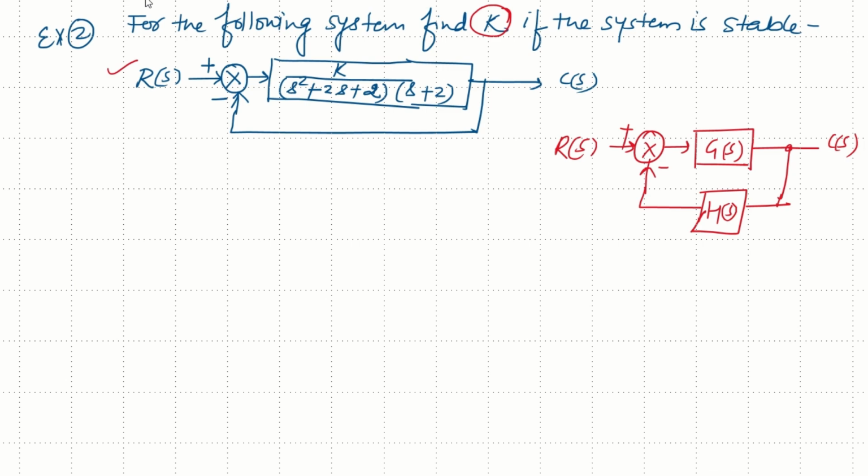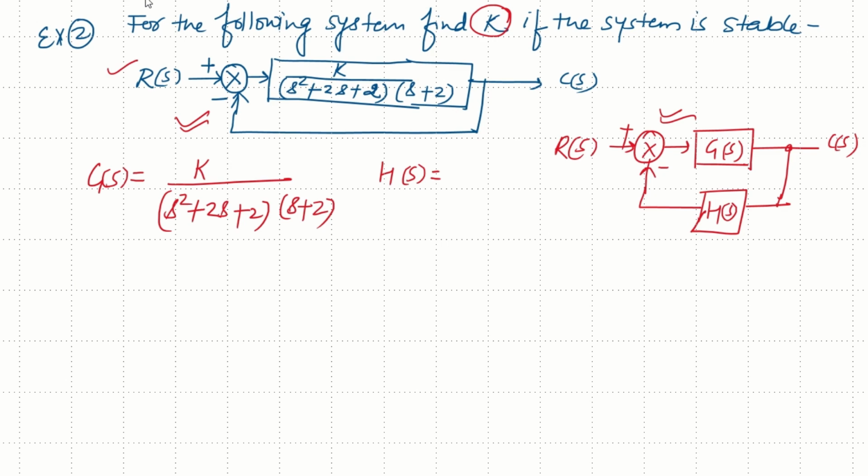If we compare the given system with this standard closed loop system, we can say that G(s) is K divided by (s square plus 2s plus 2) multiplied by (s plus 2), and the feedback gain H(s) is unity, since there is no feedback given.